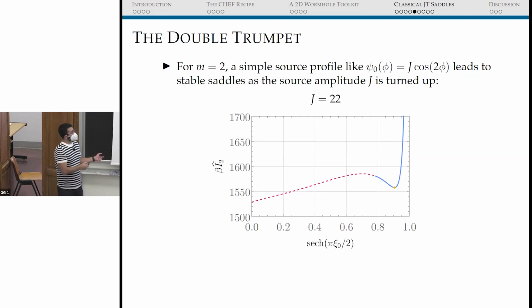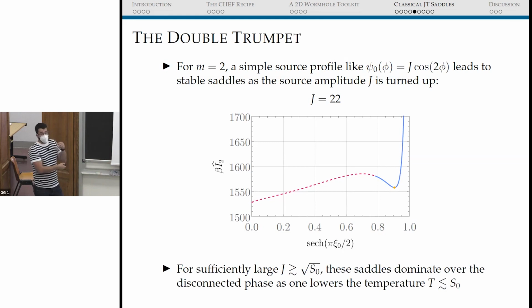These are all solutions, but some of the solutions are not stable under perturbations away from the solution. These are unstable. These are actually stable. So these wiggle solutions are stable, and we are getting a minimum of the modulus. So these are genuine stable saddle points of the full theory.